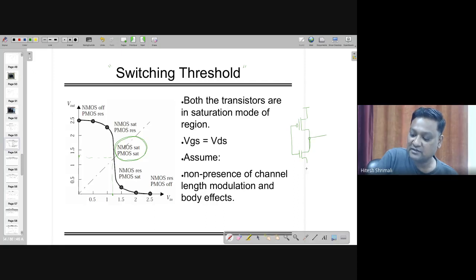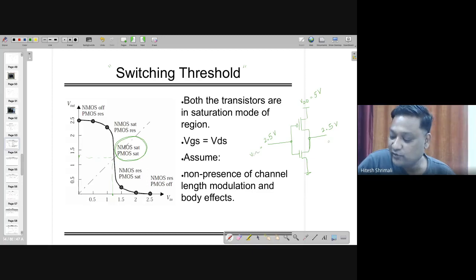Look at this. Let's say VDD is equal to 5 volt. So if Vin is 2.5 volt, Vout is 2.5 volt, right? Because input and output have to be equal to find the switching threshold. So right now the switching threshold is 2.5 volt, adjusted at Vin and Vout.